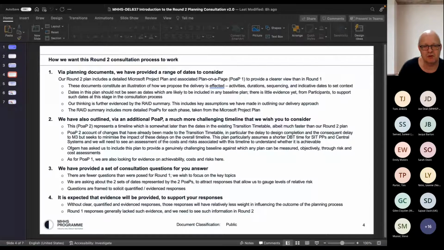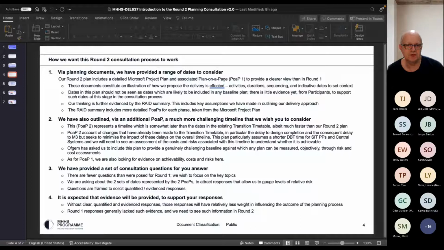And we wanted to give you an opportunity to say what you think about both timelines, both positive and negative. So if you think the SIT timeline is achievable, why is it achievable? If you don't think it's achievable, why don't you think it's achievable, and providing evidence against the negatives and the positives in the consultation. And we hope that we've given you a set of consultation questions, and we've structured the answers in a way that hopefully provides the basis for more quantified and evidenced responses this time.